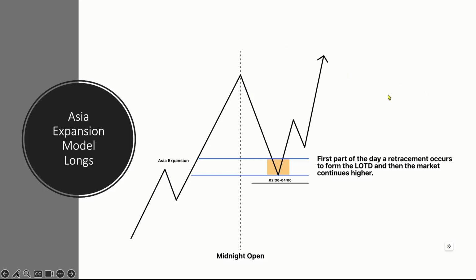If you are looking at London for example, EU or GU, then you will notice that when you have established that a higher time frame POI is, for example, a BC that formed during Asia, then during the first 90-minute cycle of London, which is 2:30 to 4, if you fractalize that 90-minute cycle into 30-minute windows, where you have 2:30 to 3, 3 to 3:30, 3:30 to 4, you will notice that if 2:30 to 3 doesn't yet trade into that imbalance, 3 to 3:30 will form the low, and from there on 3:30 to 4 will confirm the smart money reversal.